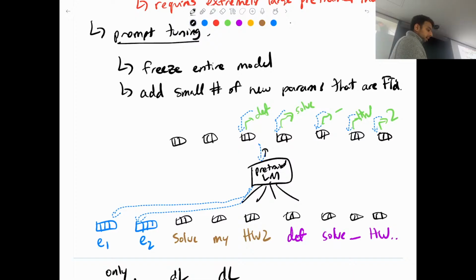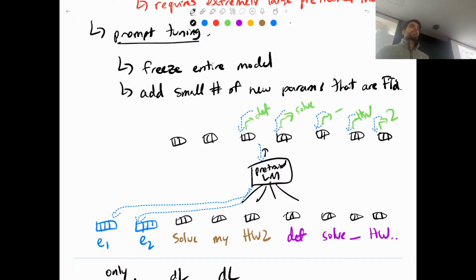Yes, that's right. The one intuition, though, is because you're not modifying the pre-trained parameters, you help the model retain most of its abilities, versus fine-tuning where you could erase some of the knowledge because you're overwriting the parameters from pre-training. So they do show that this method has more robustness than fine-tuning.